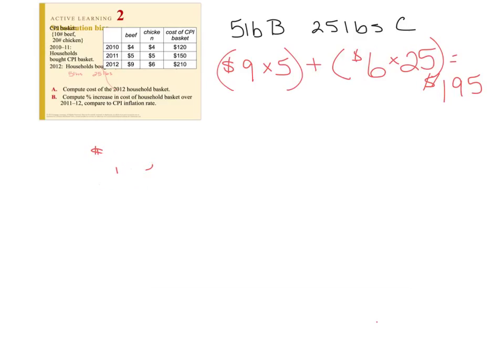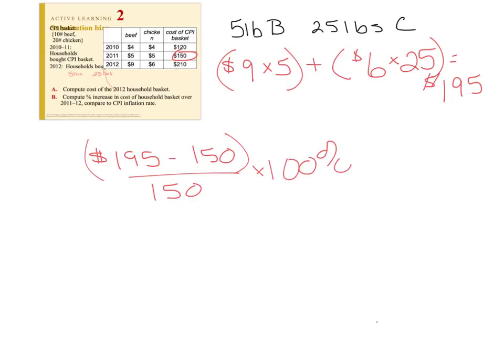It was 150 from the previous year, our base year. So we take our 195 from the current year minus the previous year's 150, divide that by 150, and take that times 100%. When we do that, we end up with 30%. So that's the rate of the increase.